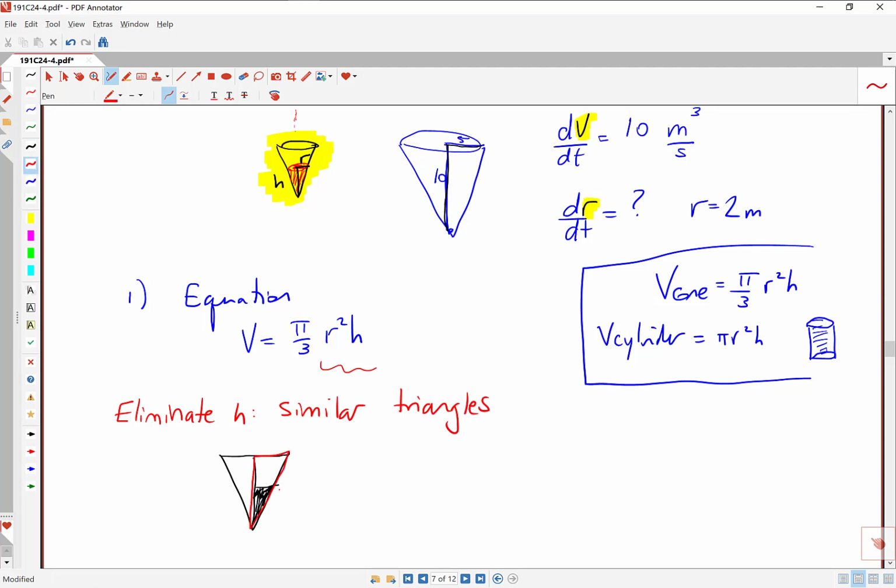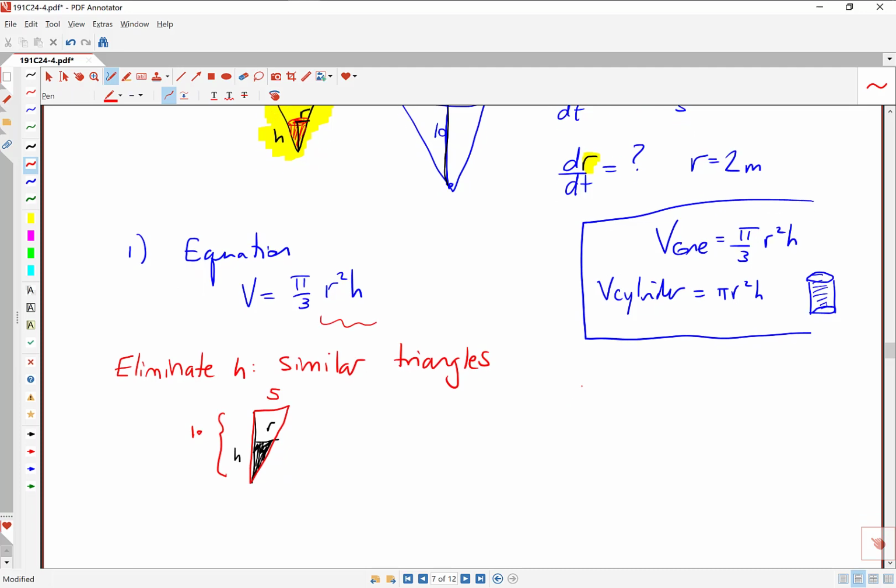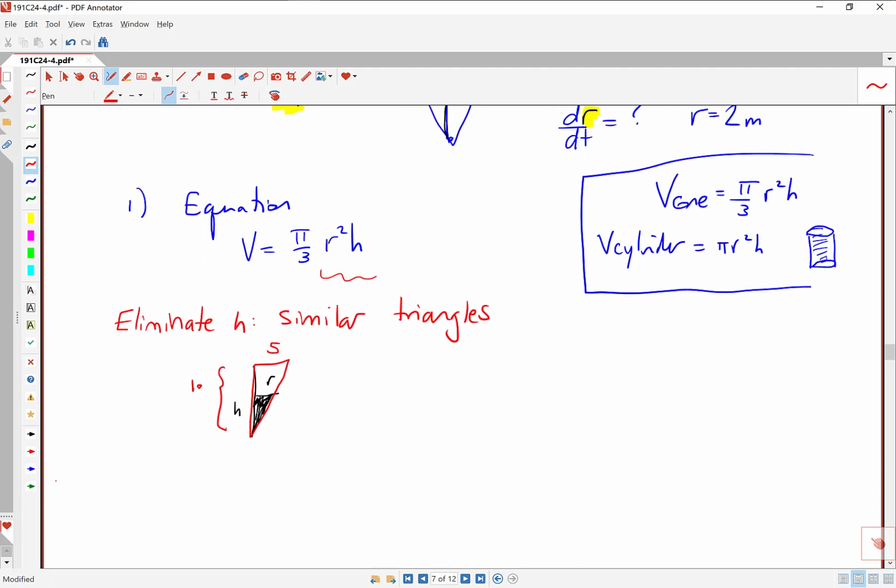Whenever you have two right triangles, one sitting inside the other, that's the scenario called similar triangles. So let's think about the dimensions here. r and h for the small cone, and then 5 and 10 for the big one. The idea with similar triangles is that if you take the ratio of the dimensions, they will be the same for both triangles.